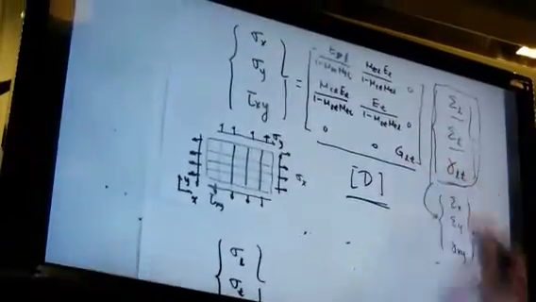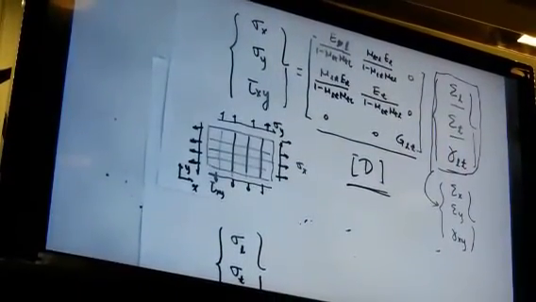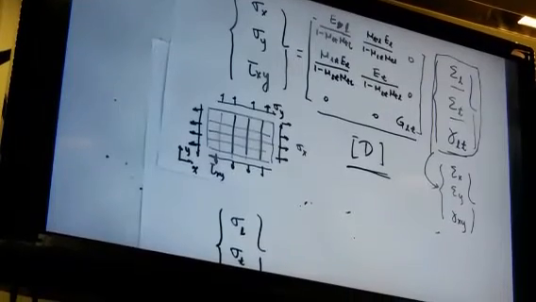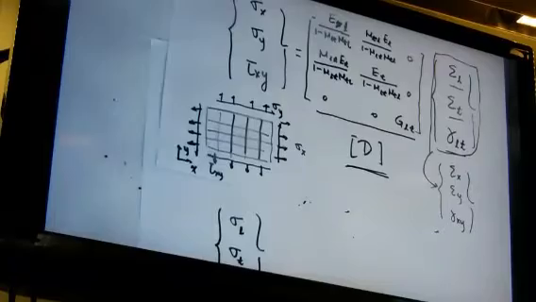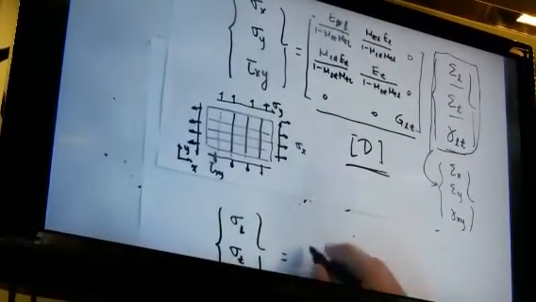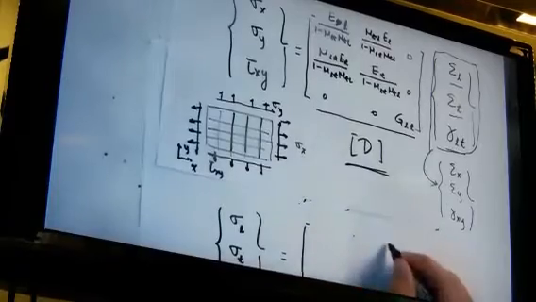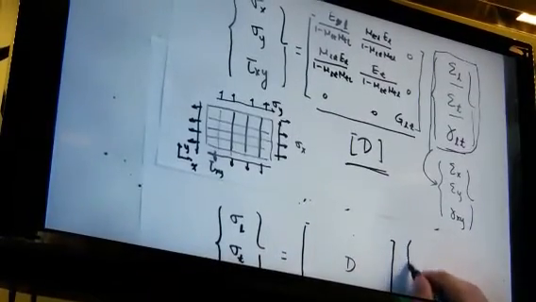I'm rewriting this equation, okay? Because x and y direction in the local coordinate is along x and t direction. I'm going to replace x with L, y with t. On the left is sigma L, sigma t, and tau LT. This one is the same. D is still there.